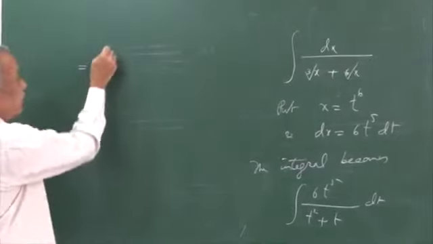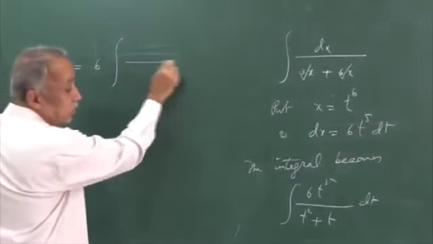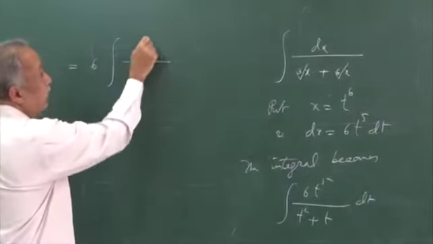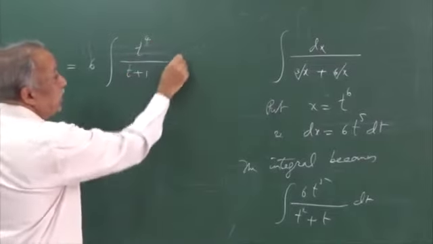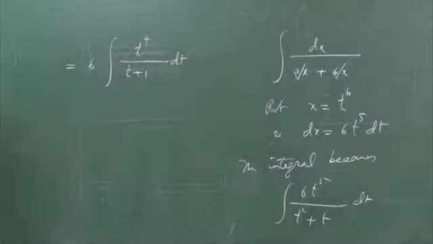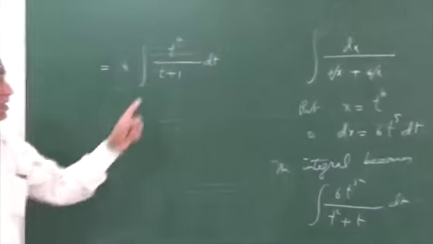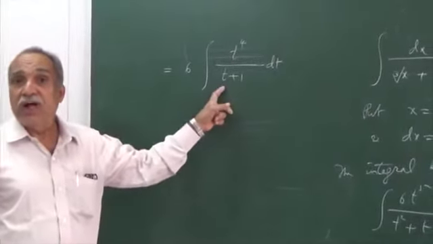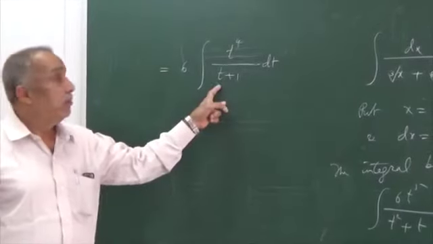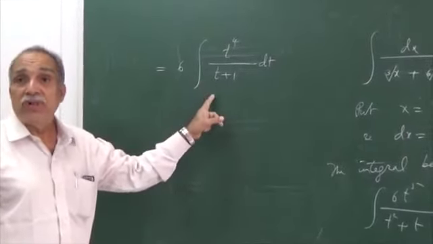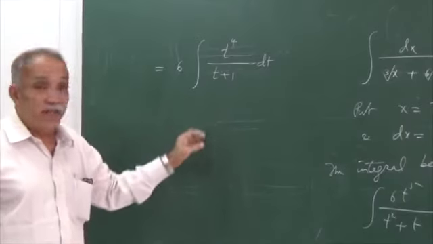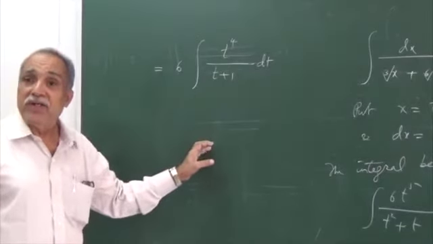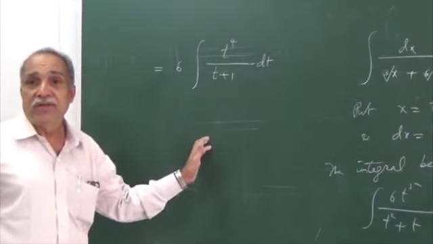Some common things are there, remove them, you will be left with t to the power 4 by t plus 1 dt. Successfully you have reduced your integrand to a rational algebraic fraction, but the fraction is not proper, it is improper. Bring it to proper form, integration will become immediate.